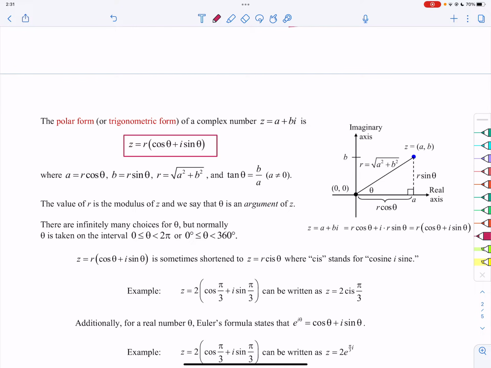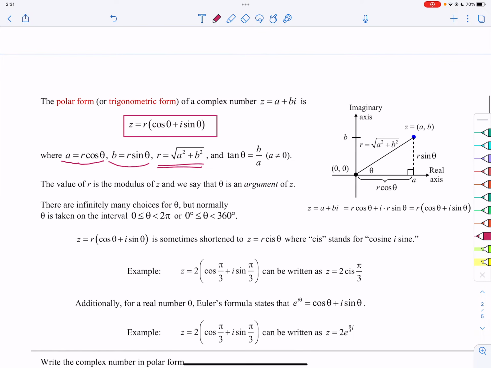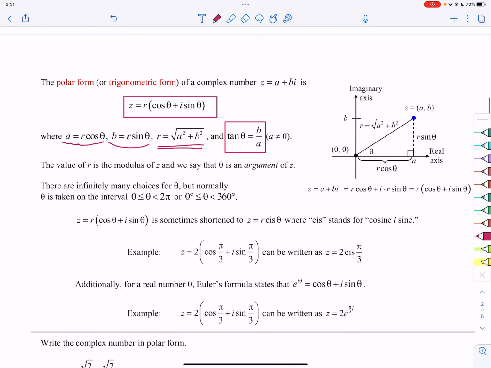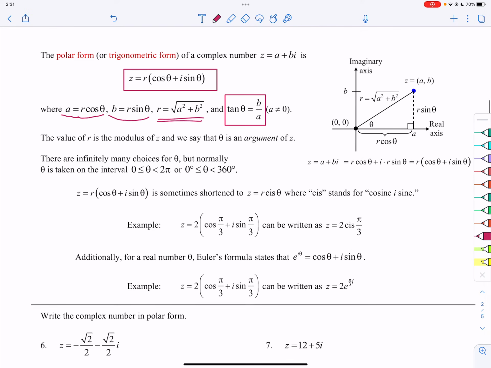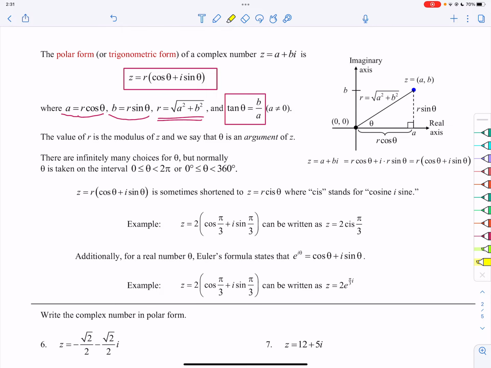That is because a is equal to r cosine of theta, b is equal to r sine of theta, and of course we know that r is root a squared plus b squared, and we also will use tangent of theta equals b divided by a. The value of r is the modulus of z. So this is quite easy to find.